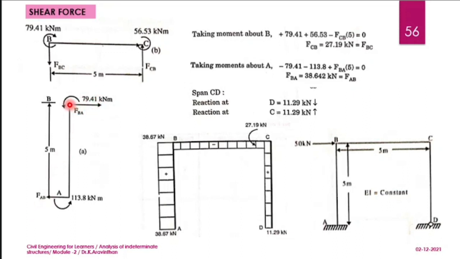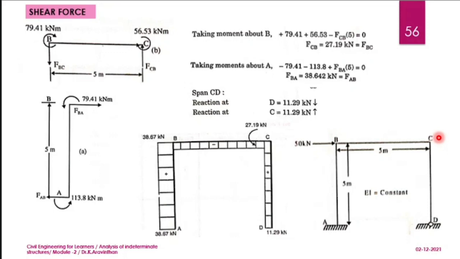So just take moment at B, and let us assume it in this direction, that is the left hand side. So FAB into 5 minus 113.8 minus 79.41. So this will be your moment equal to 0. And how to find FBA? Take everything outside, divide by 5. You will be getting 38.642.